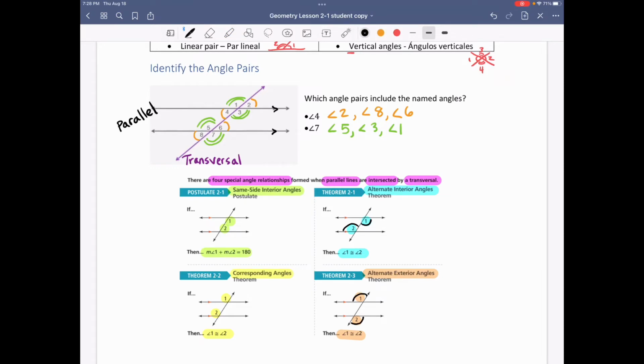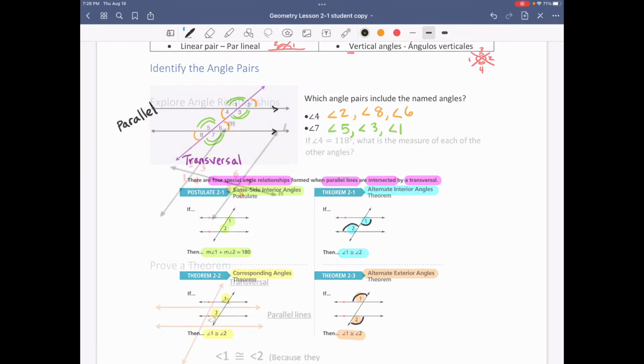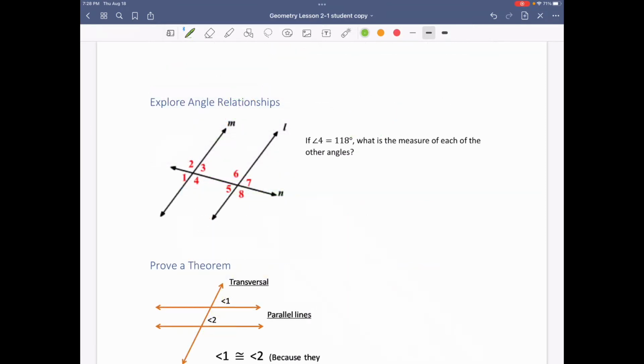Here we are going to explore angle relationships. If angle 4 is 118 degrees, what is the measure of each of the other angles? So let's start with the easy ones. We have angle 4 right here. Well, angle 2 and angle 8 and angle 6 are all angle pairs with angle 4.